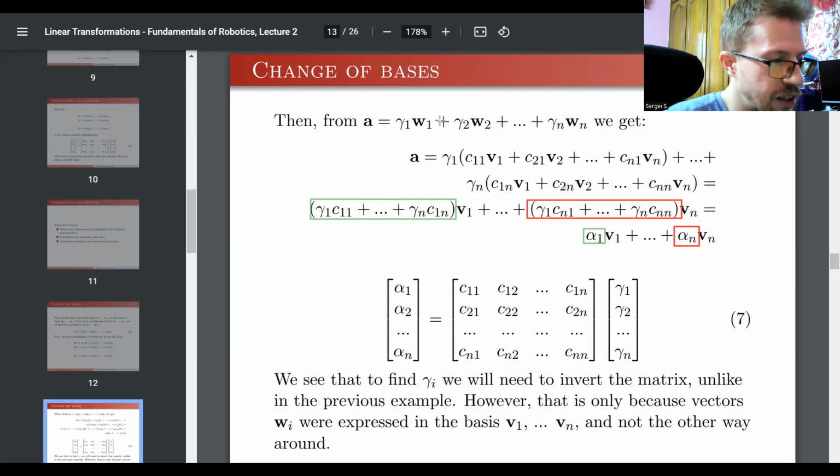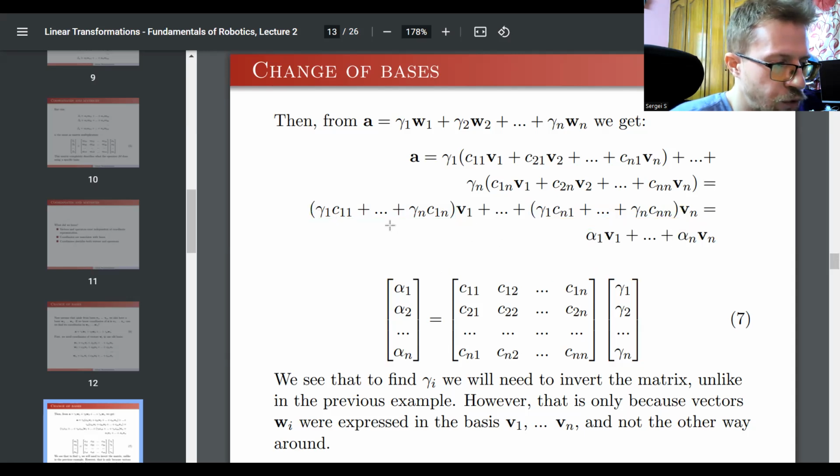And this tells us that alpha 1, alpha 2, alpha n is related to gammas as this matrix multiplication. Maybe I skipped a few steps here, but I think it is clear, right? You want to get this coefficient, you multiply those coordinates with gammas, right?